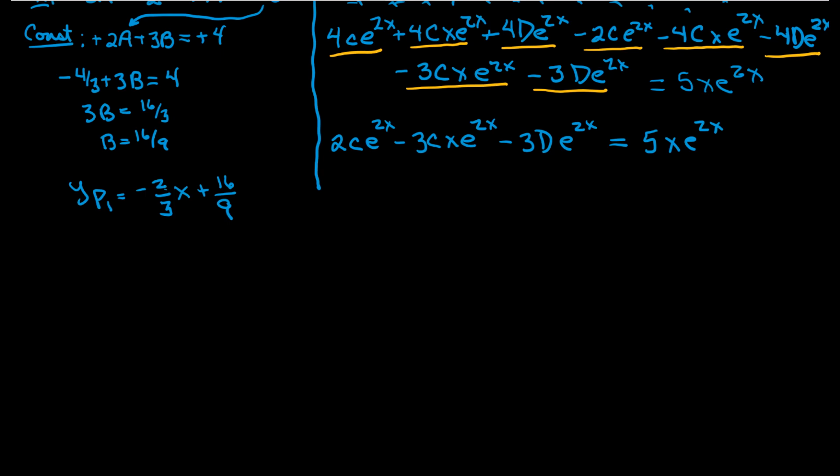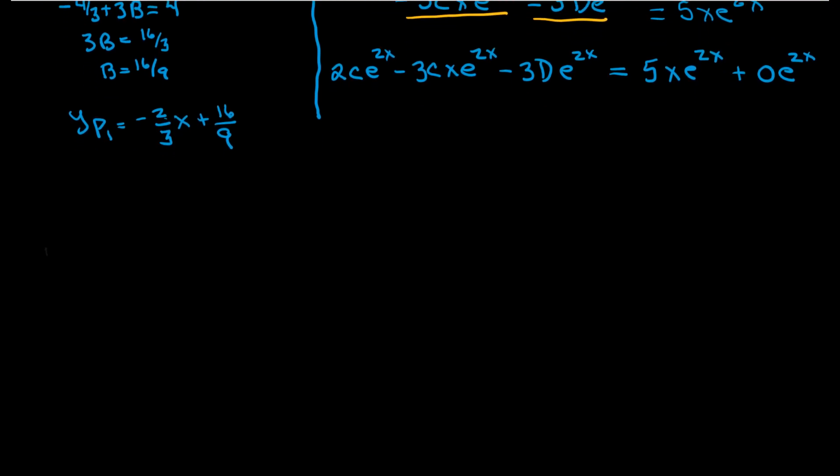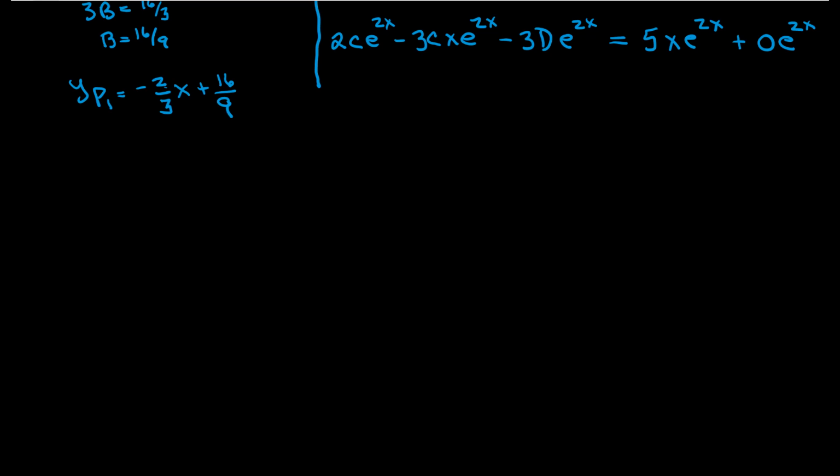Okay, so now what I'm going to start doing is matching up stuff on the left-hand side with right-hand stuff that is either x e to the 2x or just e to the 2x. Remember, on the right-hand side, we do have a term that's 0 e to the 2x, so that we can account for the coefficient of 0. What I'm first going to do is my x e to the 2x terms.